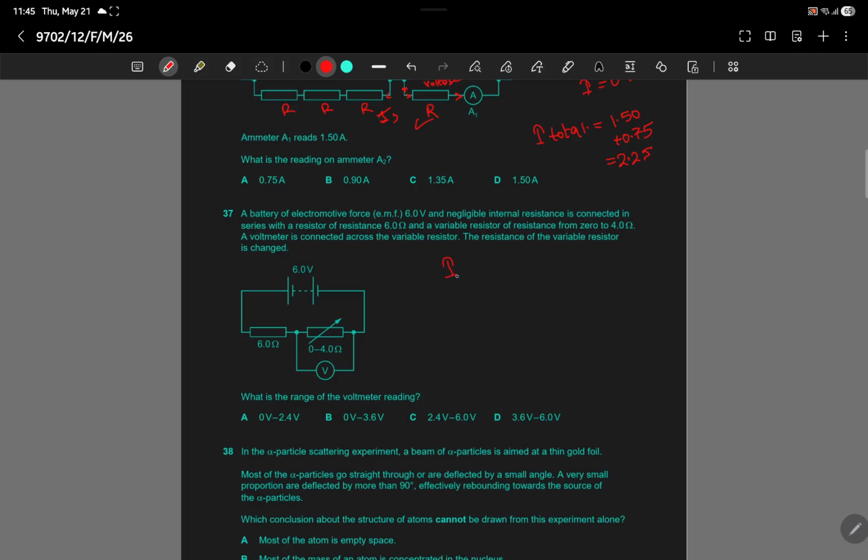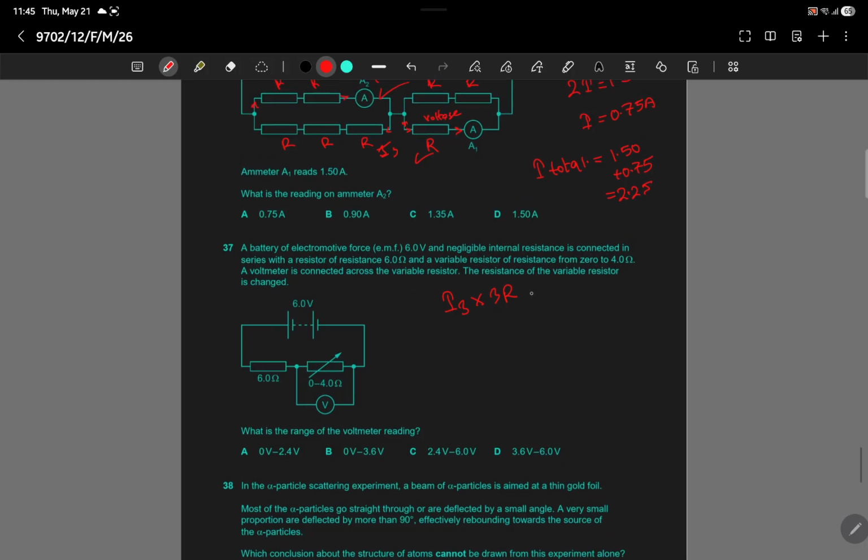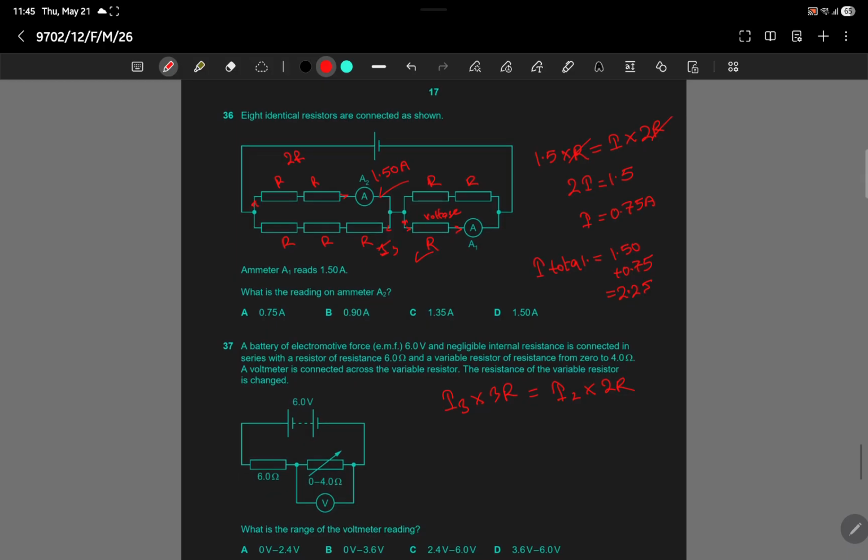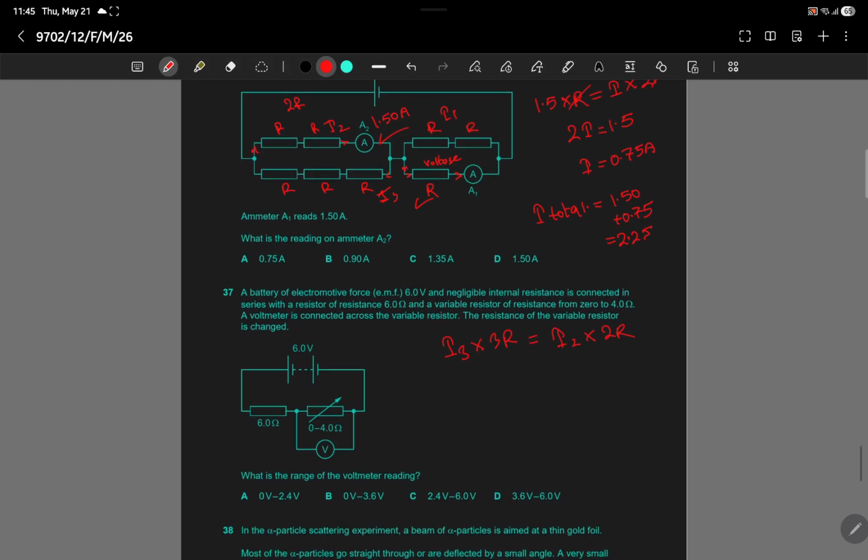So I3 into 3R total over here is equal to your I2 into 2R. This is I2, this is I3, and this thing is I1 or whatever, IT. So this is equal to this, and if we cancel this out, we get 3I3 equals 2I2.